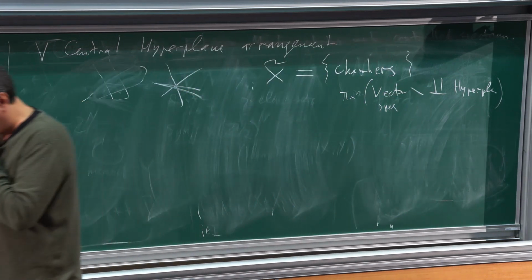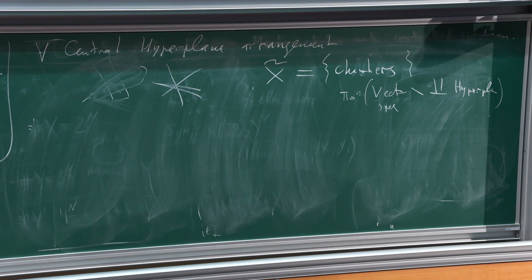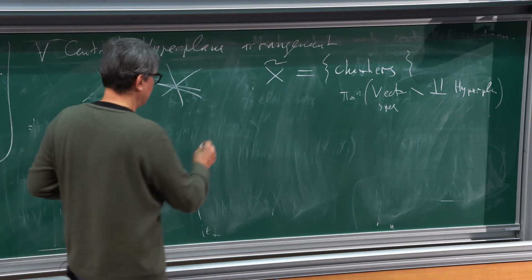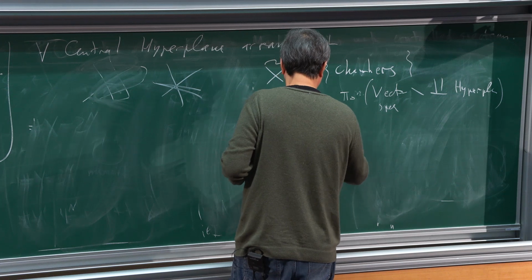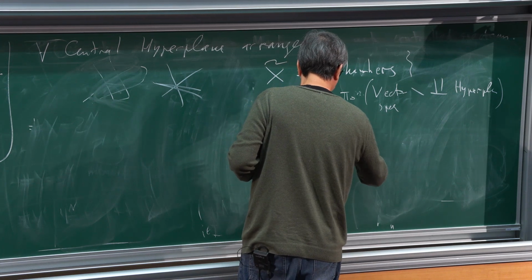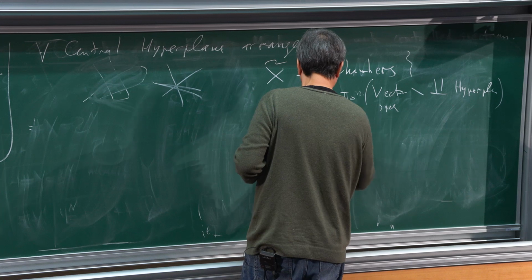Now, how do we map it to two-element sets? The indices of the two-element sets will be the set of hyperplanes in the arrangement.